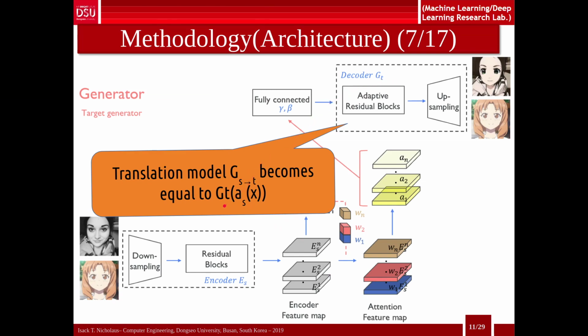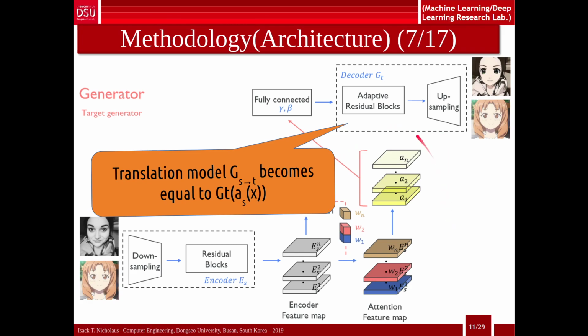So instead of giving the generator a plain input X, we are giving the generator the attention feature map, which contains very distinctive features which can be used by our generator to generate a very nice output.